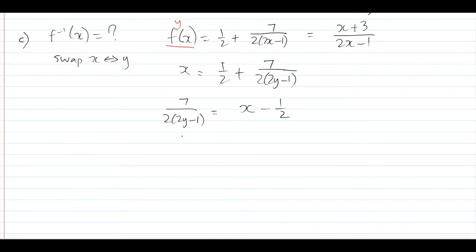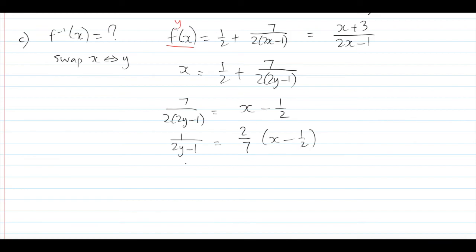So what you get is 1 divided by 2y minus 1 equals, and bear with me here, x minus half, with 2 up top and 7 at the bottom. I'm just multiplying this whole function by 2 and then dividing by 7, but the whole thing. So it doesn't just apply to x, it applies to x minus half.